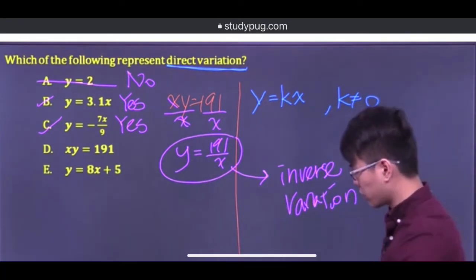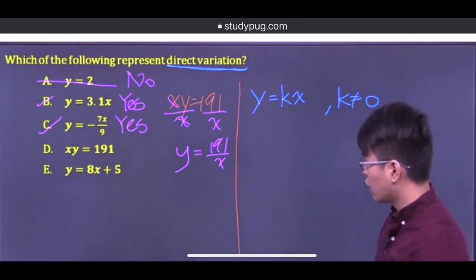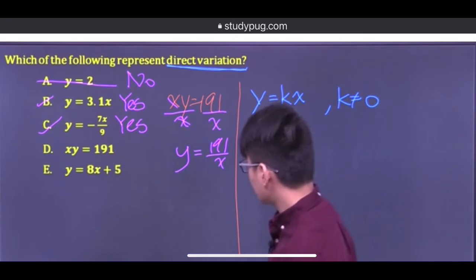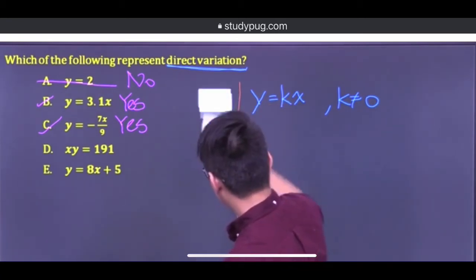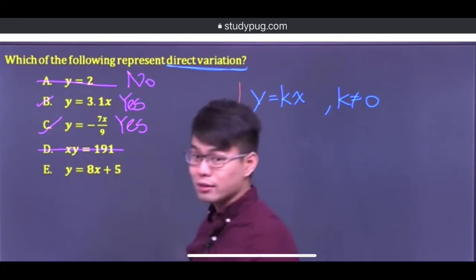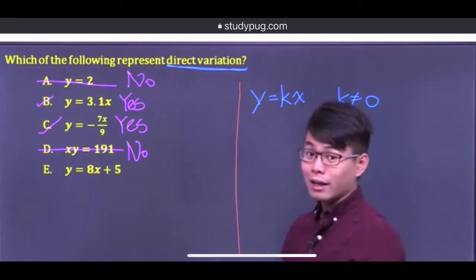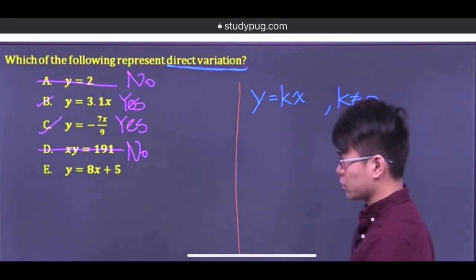We'll elaborate on this in the other videos. Let's erase these things here. We found out that D is not a direct variation. It's called an inverse variation, which we'll talk about later.